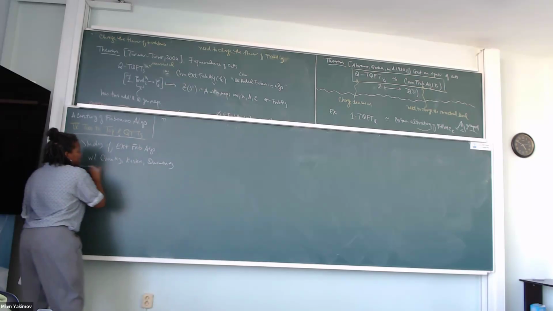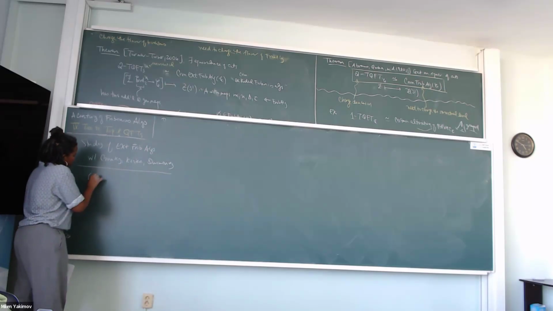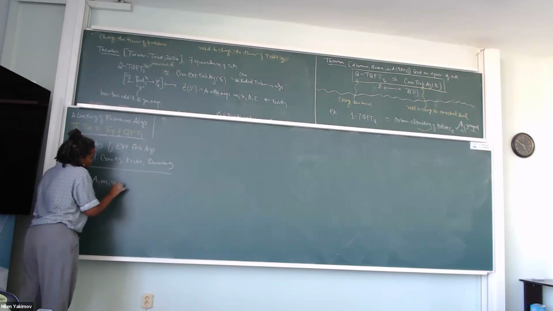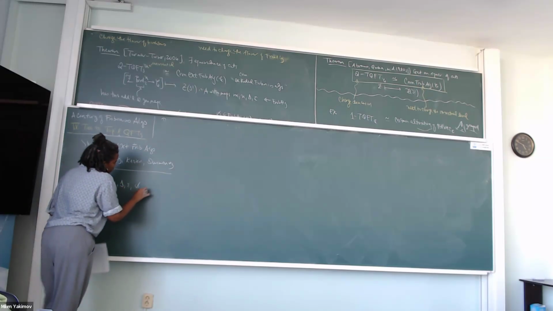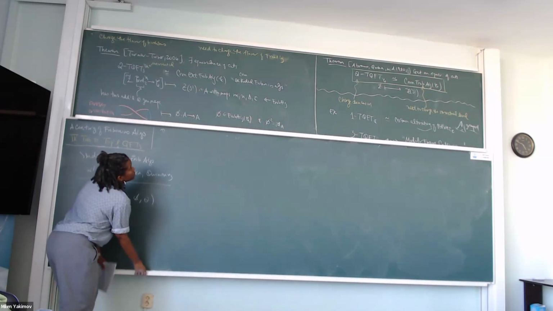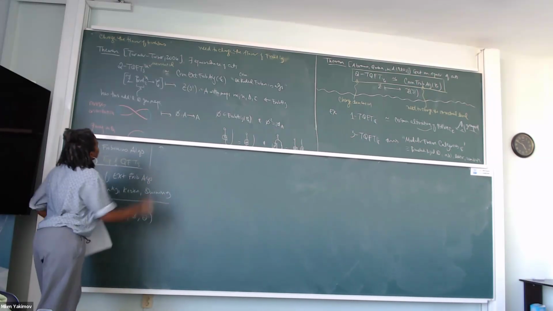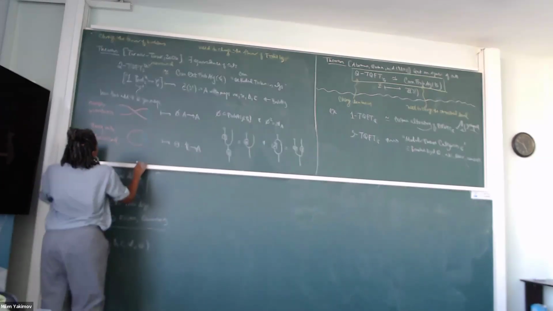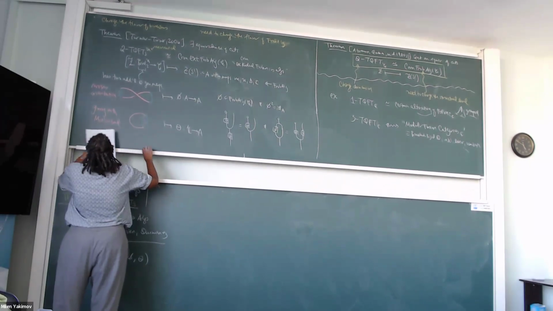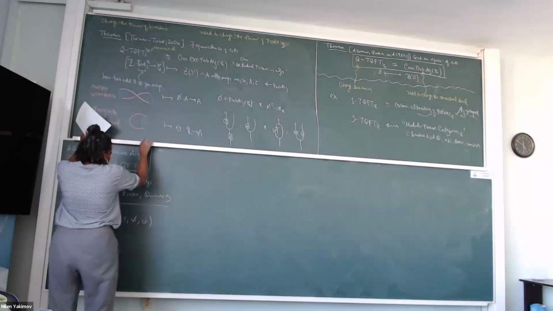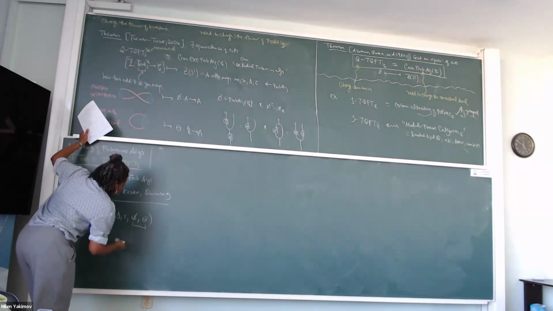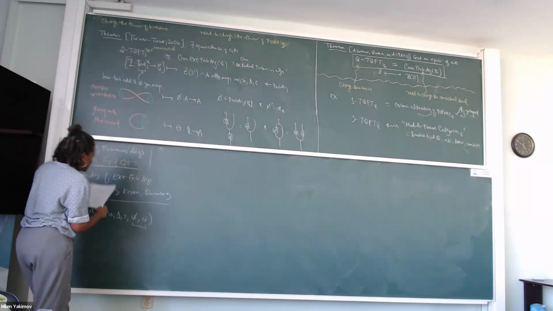Okay, so basically, extended Frobenius algebras are Frobenius algebras with some extra structure. And we call this extra structure the extended structure.